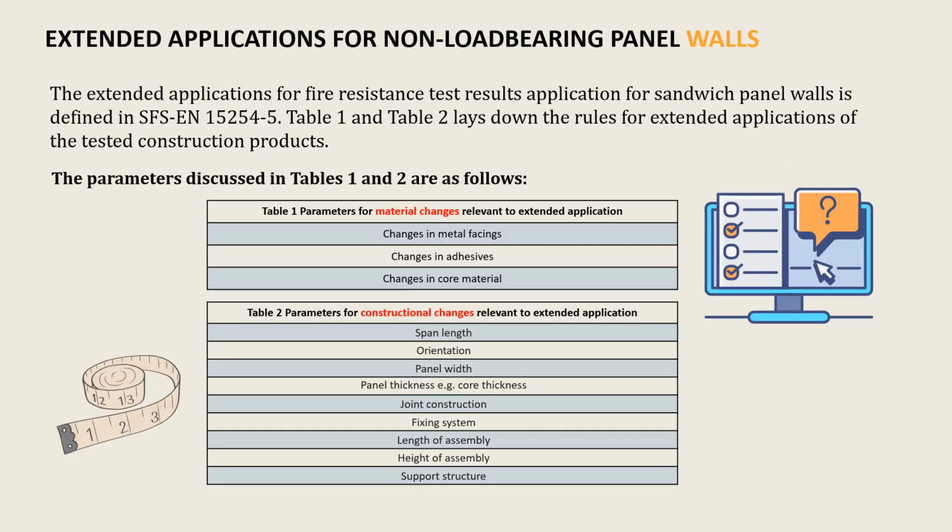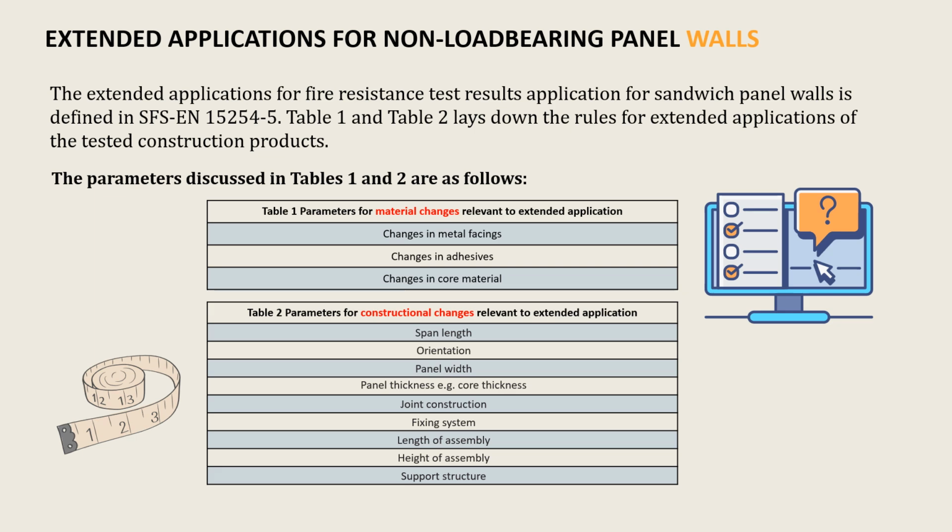This slide explains the extended applications for fire resistance test results for non-load-bearing sandwich panel walls as outlined in SFS EN 15254-5. It highlights the parameters that allow the application of test results to other construction products. For material changes, Table 1 includes modifications to metal facings, adhesives, and core materials.